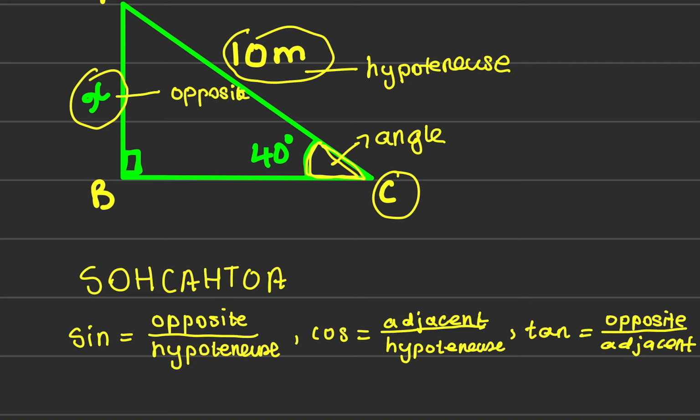So in this case, the hypotenuse and opposite involves the function sine. There we go. Step 1 complete.